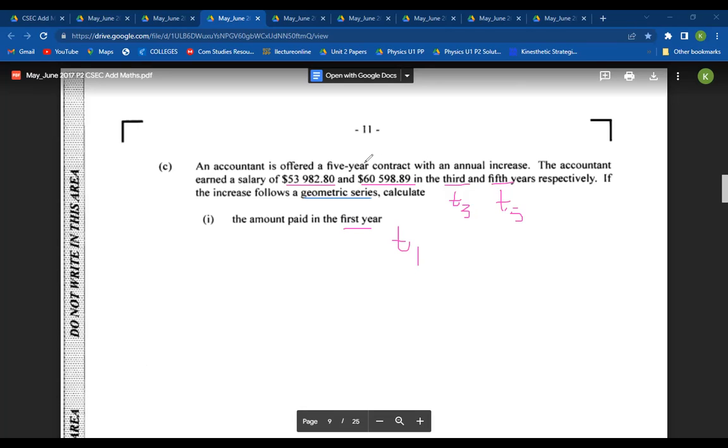Same concept though. Remember when I told you, you need to look at the structure of the question. If they gave you two terms, so the number of a term and then the value. So they told me the third year is this number, fifth year is this one. Remember, I told you, if you see a question structured like that, automatically you need to think, okay, I need to make two equations.